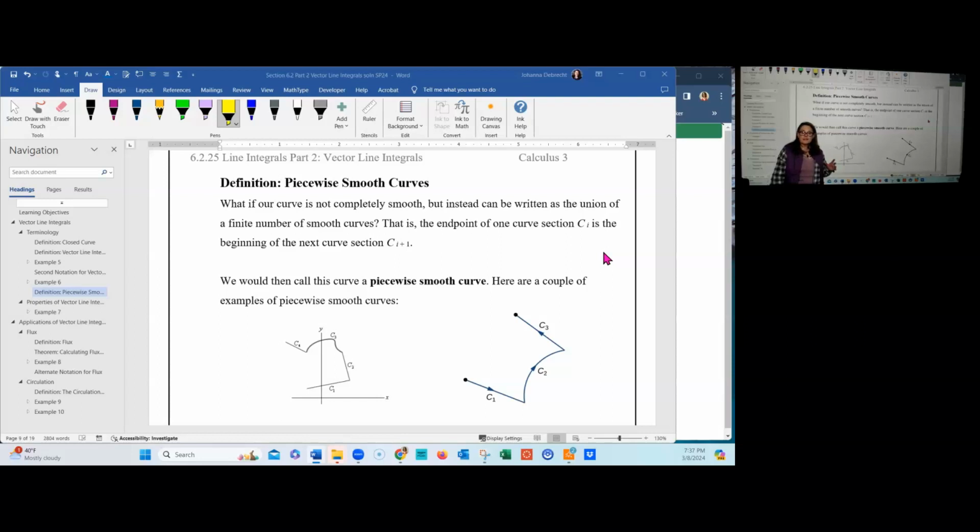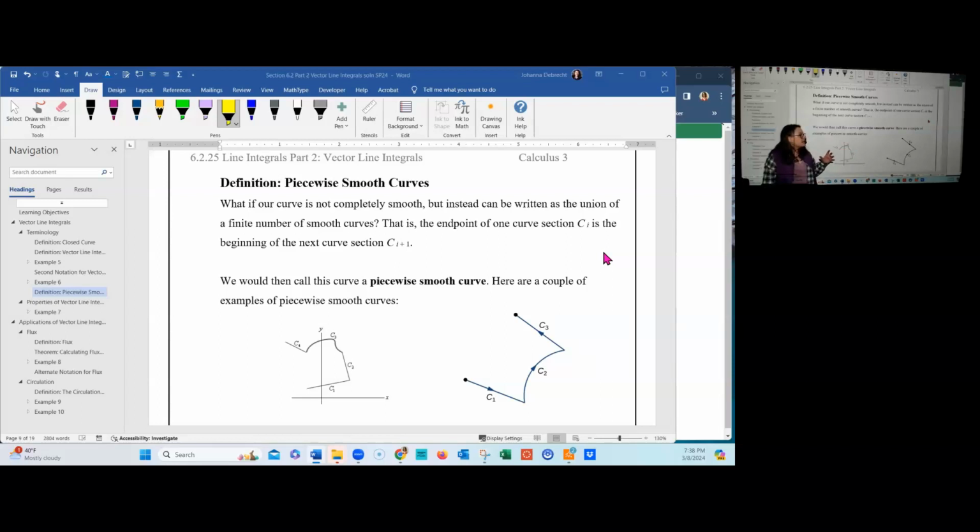As long as you have a finite number of places where you have a corner or a cusp, you can break it up into what we would call a piecewise smooth curve, meaning that it's smooth on C1, smooth on C2, smooth on C3, and smooth on C4, but not smooth at the place where C1 meets C2, C2 meets C3, and C3 meets C4.